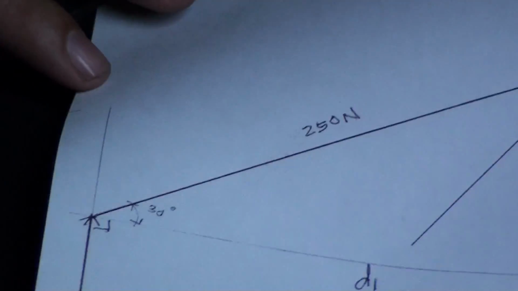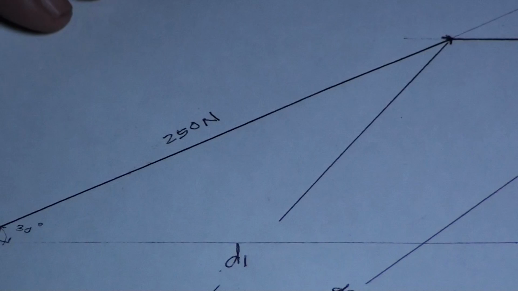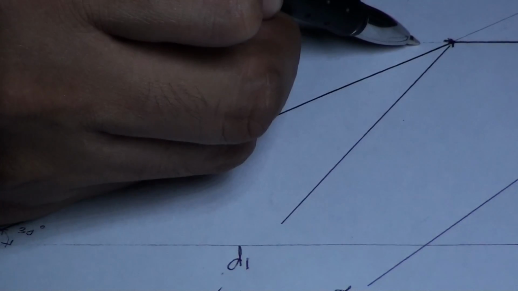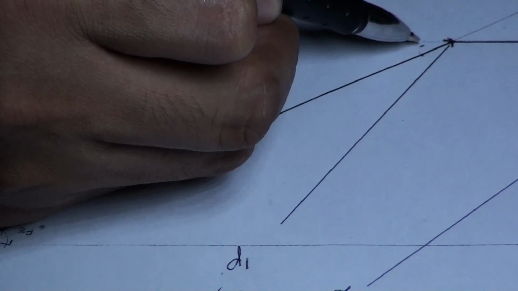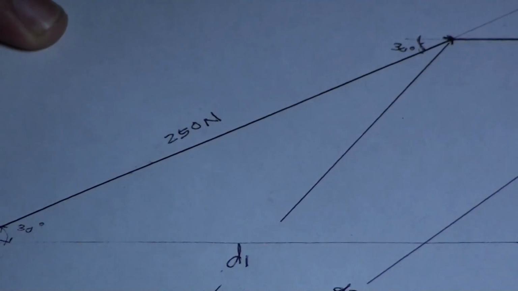So with that figure, okay, so if that is 30 degrees, what is this also? So this must be 30 degrees also.